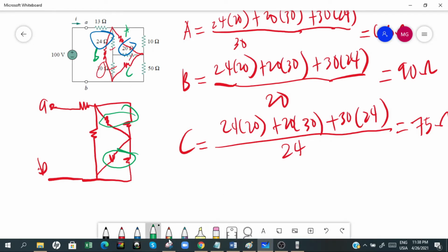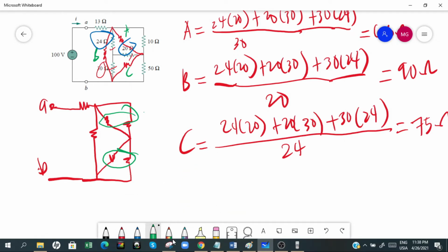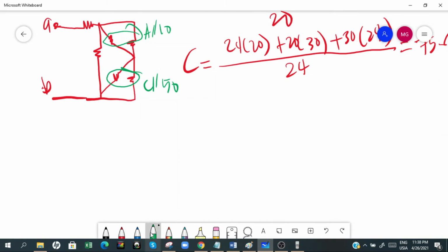To answer this one, this is A parallel 10, and this one is C parallel 50.